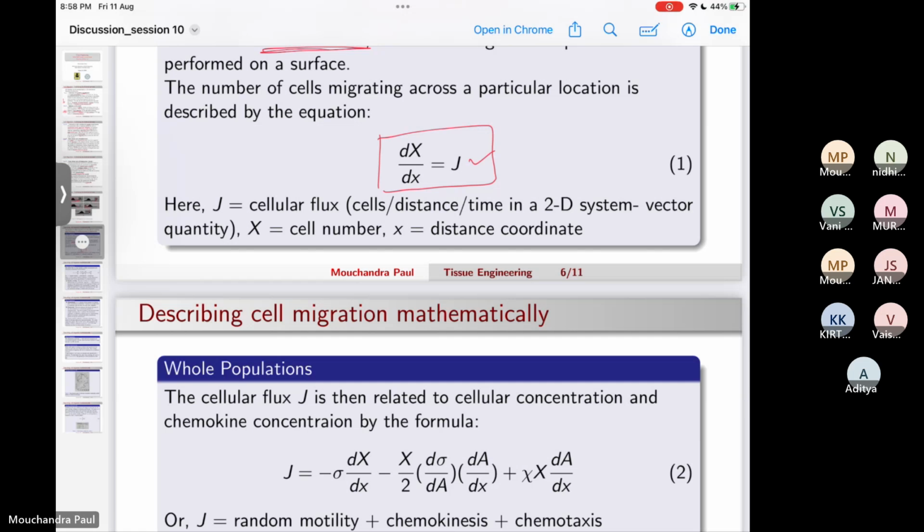Not all the cells will reach location B at the same time. That is why the time term is not taken while describing the cellular flux equation. But the distance you can measure. Distance is constant, so you can describe it with respect to distance.